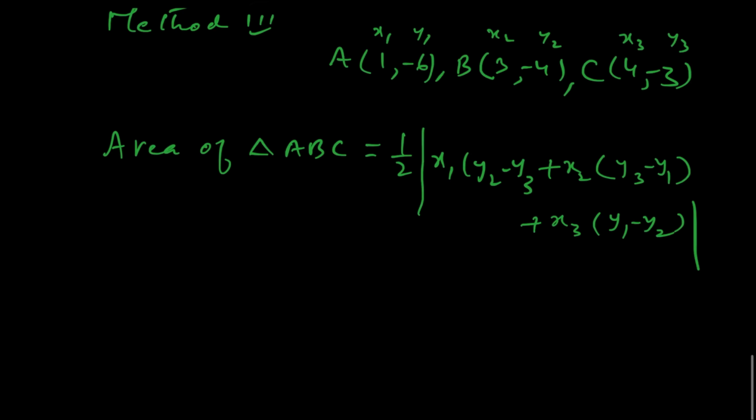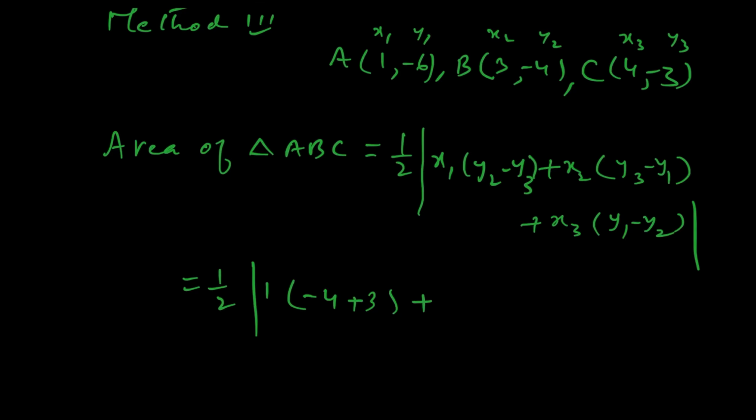Substitute the values: 1 by 2 mod, x1 is 1, bracket y2 minus y3. y2 is minus 4, minus y3 is minus 3, means plus 3.